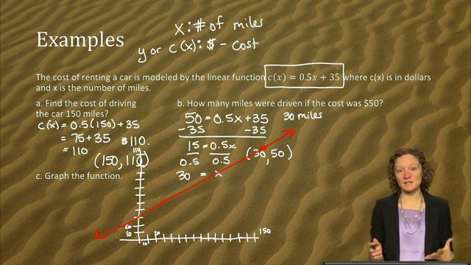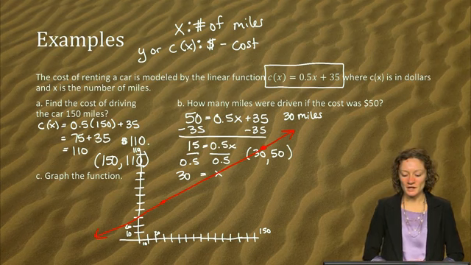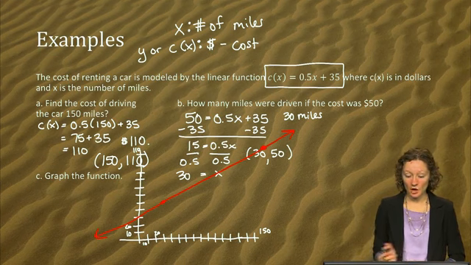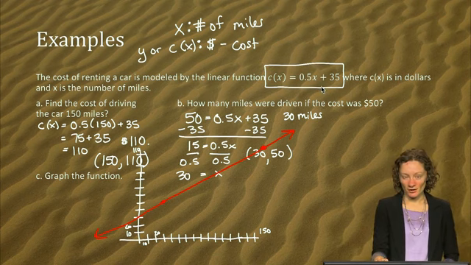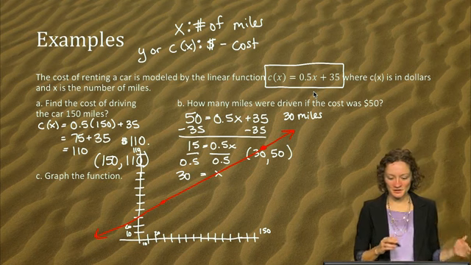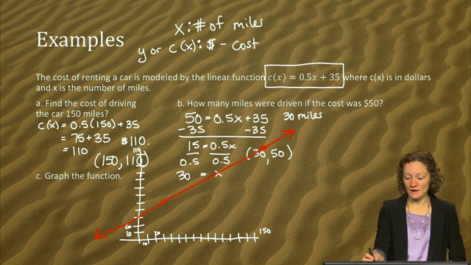Okay, so let's get a general idea of what this equation is saying. This model is for the cost of renting a car. Now, I don't believe this is the way car rental companies rent their cars out, but I'm sure there's some sort of tiered system involved with this. So what this equation basically says is that you're paying $35 whether you drive the car or not.